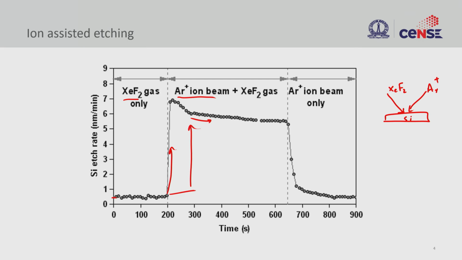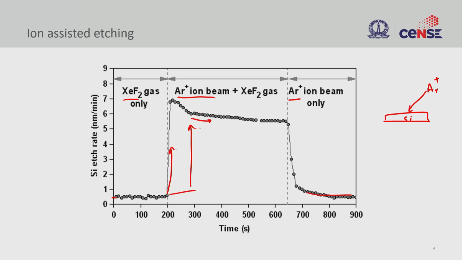Now we want to know whether ions alone can etch. So you take out xenon fluoride from the system, and you look at the etch rate, and again the etch rate comes down. So there is no etch with argon ions only.